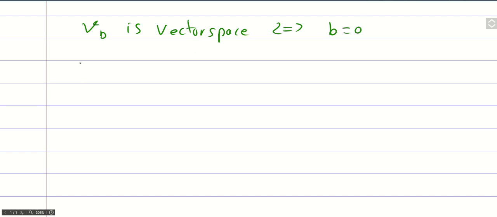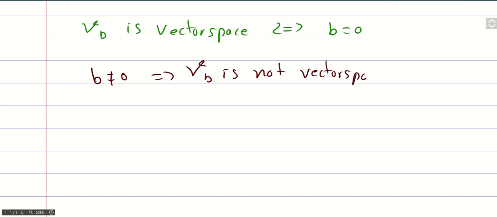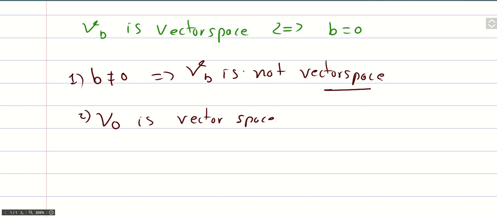The first thing we need to show is that if b is different from 0, then V of b is not a vector space. And then we will show that V0 is a vector space. So this is the first thing and this is the second thing. Okay, so let's do this.